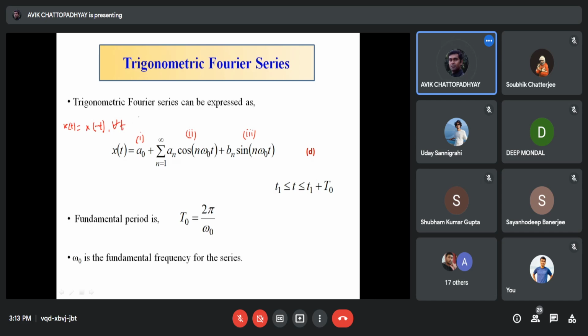That we know. Now suppose in general you take an arbitrary function like this. This is suppose x of t, this is T by 2, this is minus T by 2, this is 0.